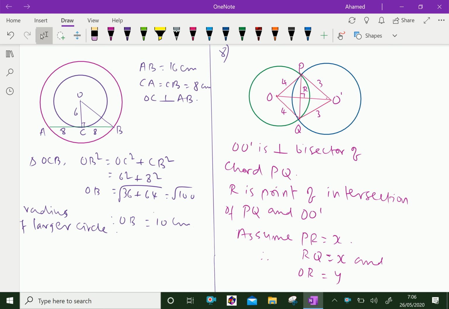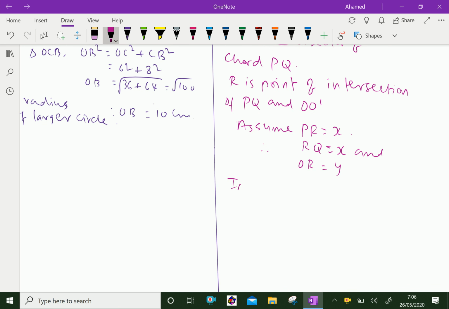Now in triangle OPO dash, this is 90 degree. By Pythagoras, OP square plus O dash P square equals OO dash square.